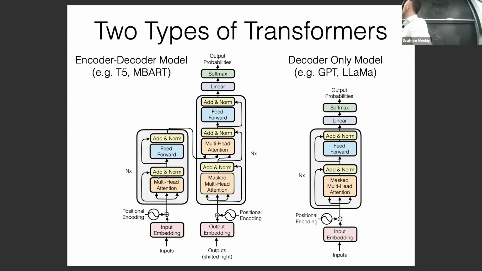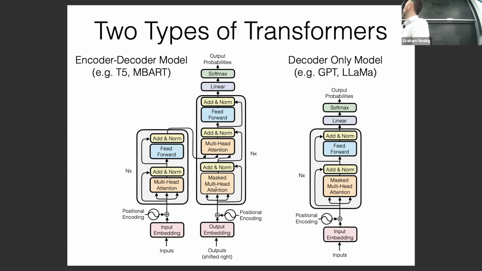Then you have multi-head attention blocks, and these multi-head attention blocks are followed by feed-forward blocks. So the multi-head attention blocks are basically doing attention. The feed-forward blocks are basically doing extraction of combination features to kind of mix together the different features calculated by the attention. And then in a decoder-only model, that's all you have.